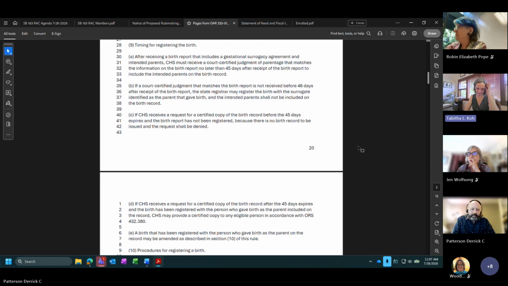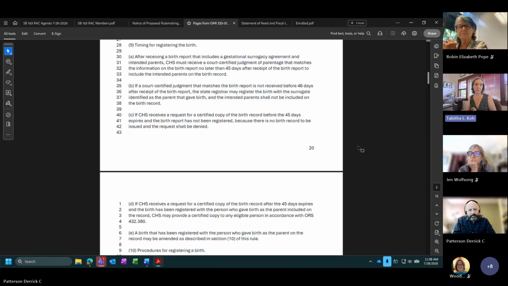I think this comes back to the earlier question I asked about if the statute creates a presumption of parentage for the intended parents, and the gestational surrogate is never a parent, ever, then having a structure that requires a certified judgment of parentage in the name of the intended parents, or else we just list the surrogate as a parent, that's at odds with the law.